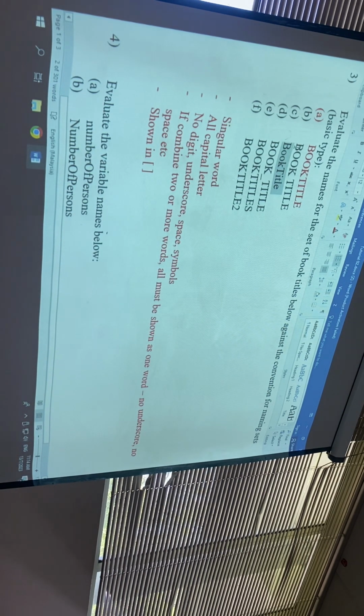How about B? Because we have space, so no space. So also invalid. D, underscore, invalid also. E is plural, so we need to use a singular word, so also invalid. F because of the digit. So the only correct answer for this one will be A only.